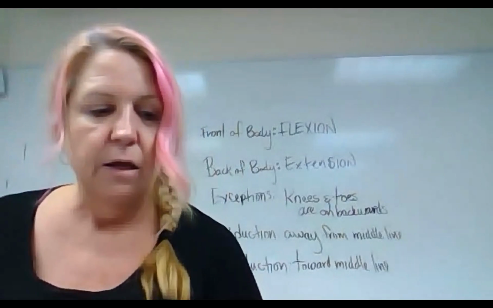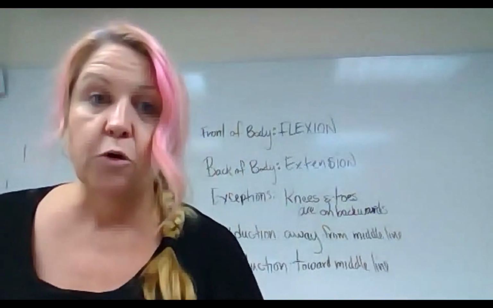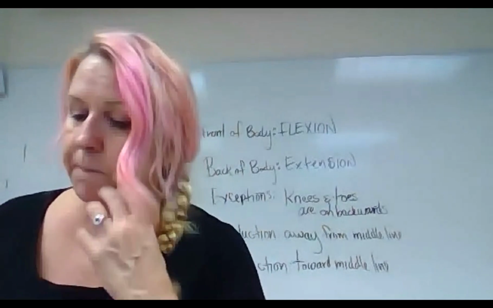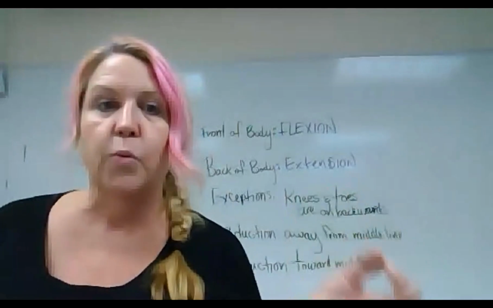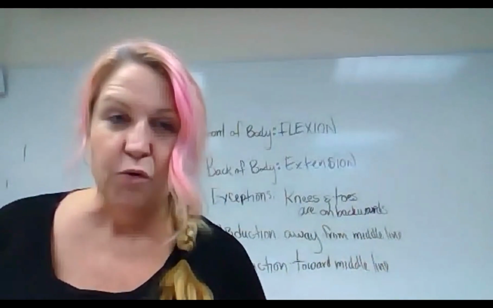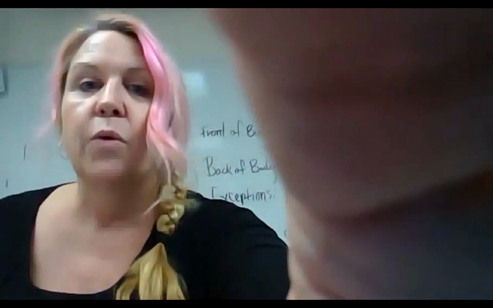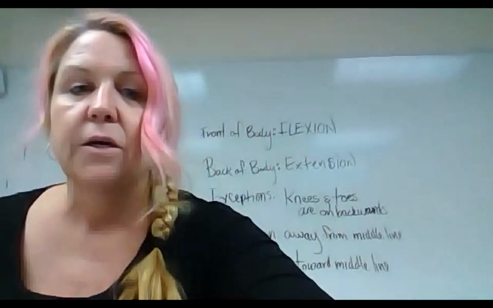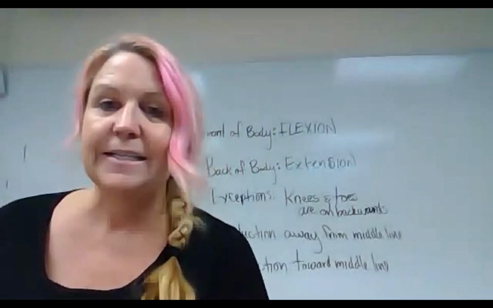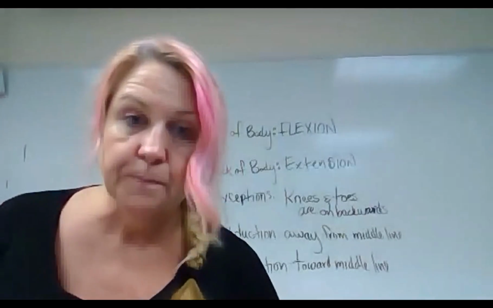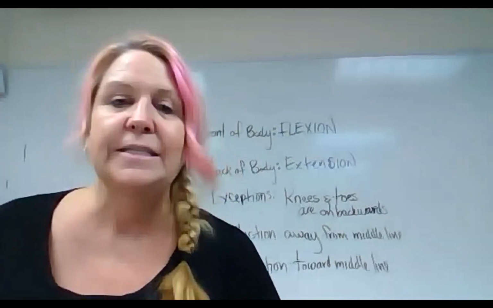If you're at Fort Myers, I'm assuming you probably have the same skeleton in class. So you'll look at the skeleton, you're going to see red and blue dots all over the skeleton. I don't know if you've ever noticed that before. When you see the red and blue dots, you'll notice that the red dots represent the origin, which is the anchor, and the blue is the insertion.